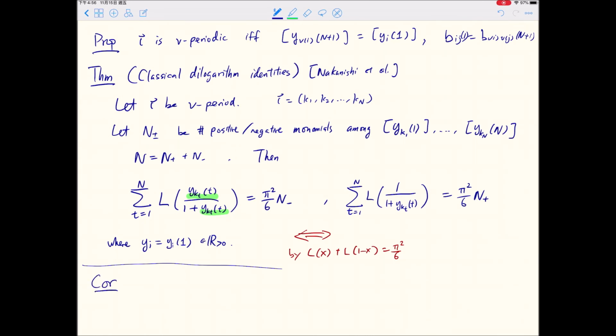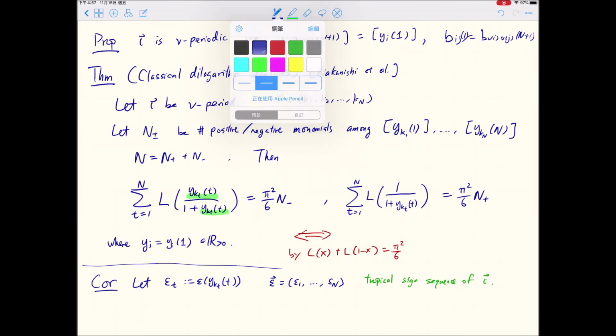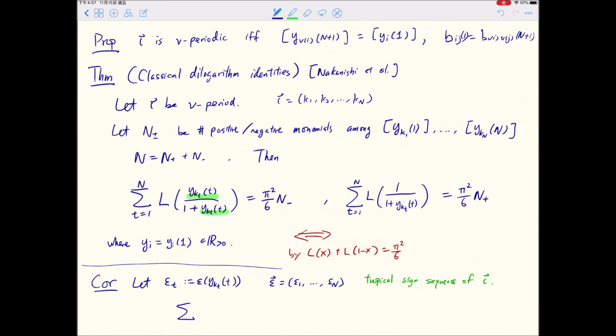If we introduce the tropical sign sequence, which is the sign of the corresponding cluster y variables, and we collect them, called the tropical sign sequence, then the above equation can be written in a single equation.